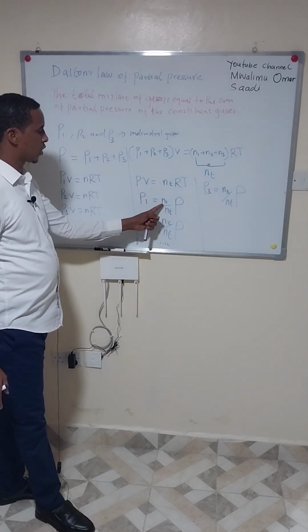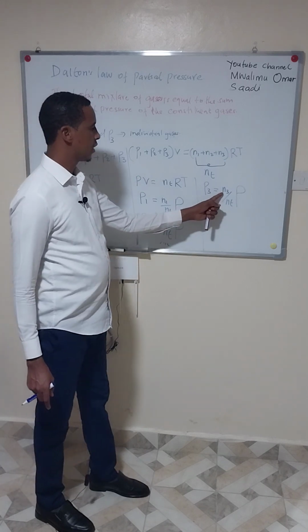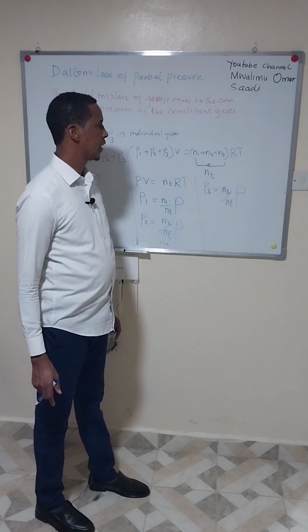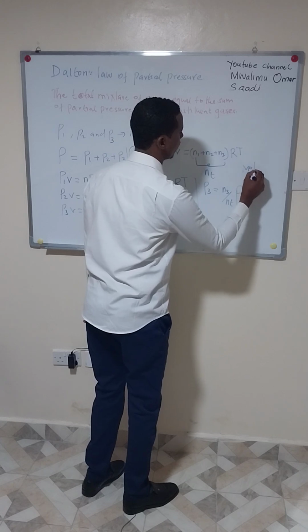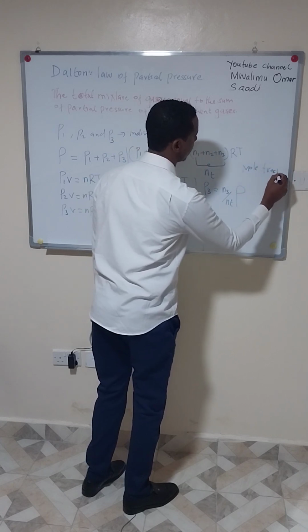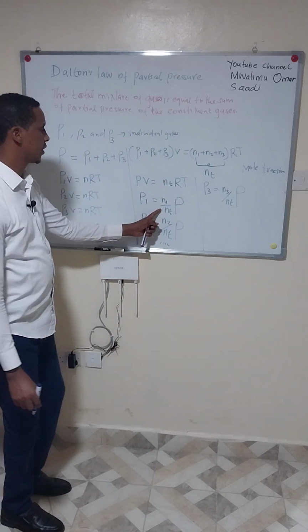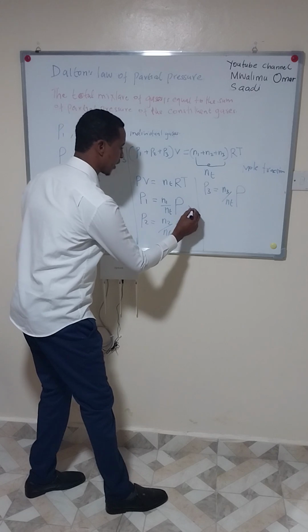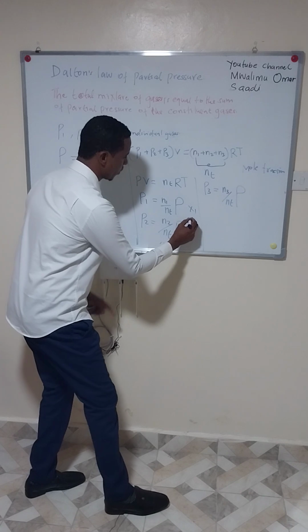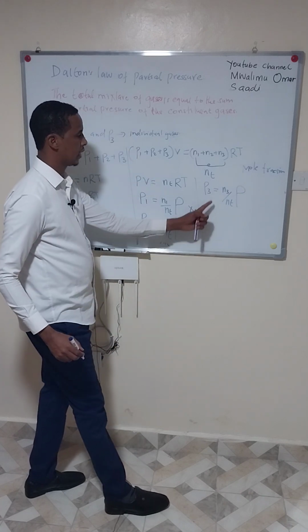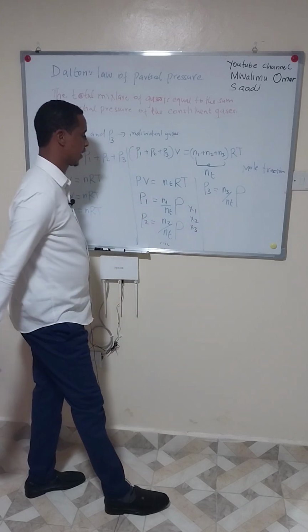So n1 over nT, n2 over nT, and n3 over nT is the mole fraction. Assume n1 over nT we call x1, n2 over nT we have x2, and n3 over nT we have x3.